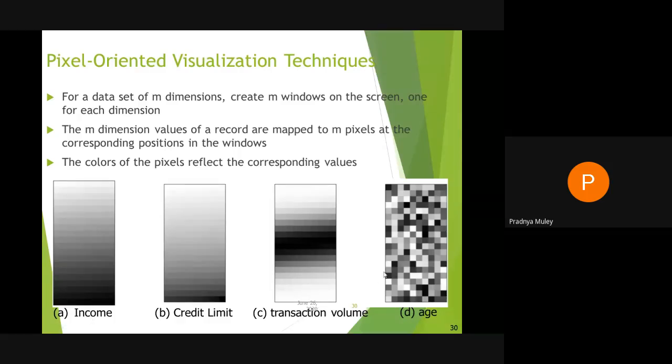We can sort all customers in income ascending order and use this order to lay out the customer data in the 4 visualization windows as shown in this diagram. The pixel colors are chosen so that the smaller the value, the lighter the shade. Using pixel-based visualization, we can easily observe that credit limit increases as income increases.